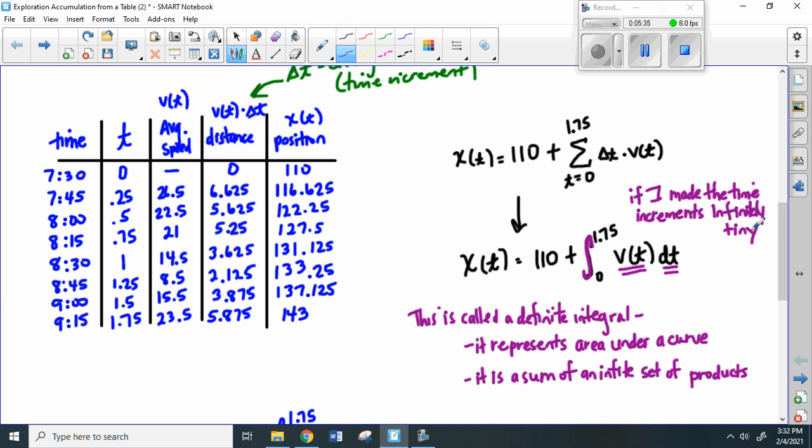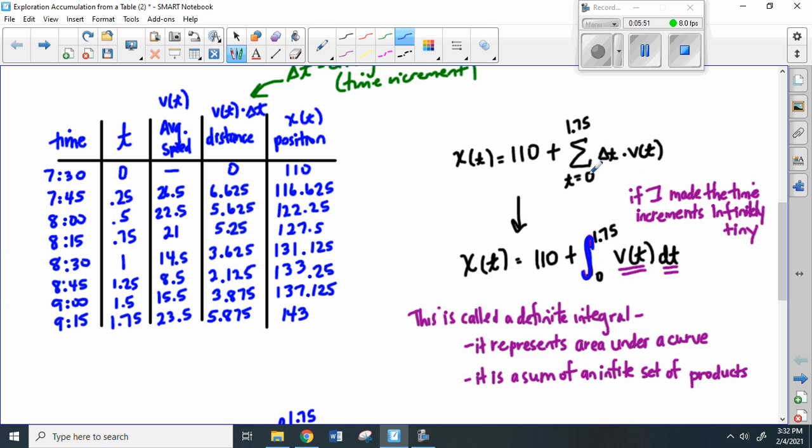Okay, so our time increments, if we make them infinitely tiny, instead of writing it as a sum, we can change it into this thing called a definite integral. All right, and the integral symbol just looks like a really tall, skinny S.